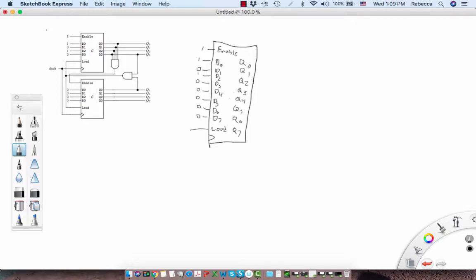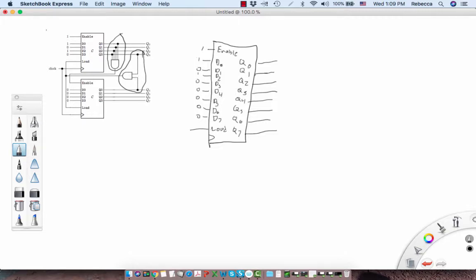And on our 8-bit counter, we don't have to draw this part because this part is just what's making it be an 8-bit counter. But we do have to worry about this part right here because that's telling it when to load.